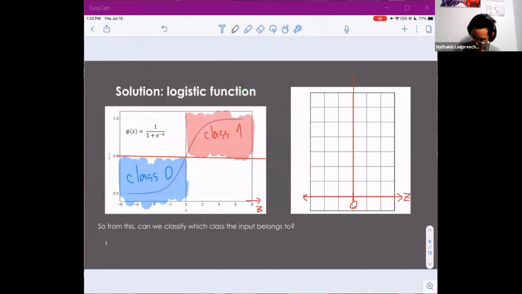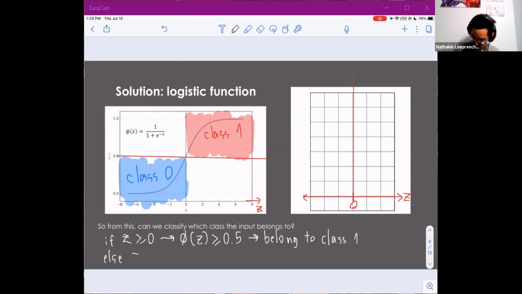If z is greater than or equal to 0, which in turn gives us phi of z, the y-axis on this one, phi of z is greater than or equal to 0.5, and then it belongs to class 1.